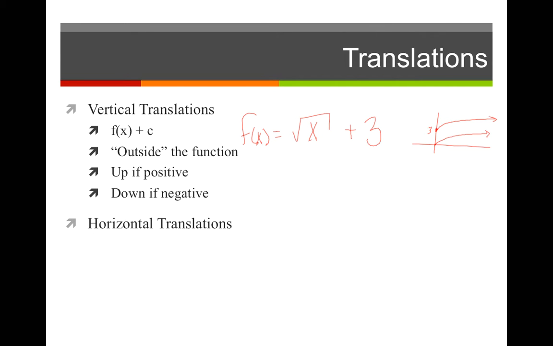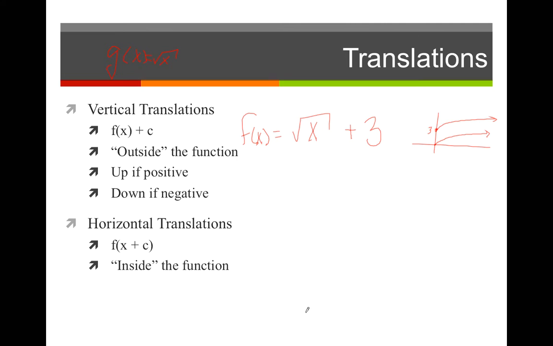Horizontal translations, well, if vertical is on the outside, horizontal is going to be on the inside, and that would be adding or subtracting something to the inside of a function. So if our function was the square root of x, and I wanted to move it 3 units up, I would add 3 to the outside.